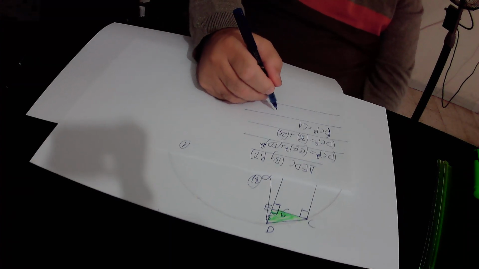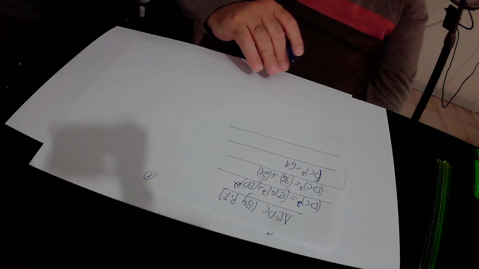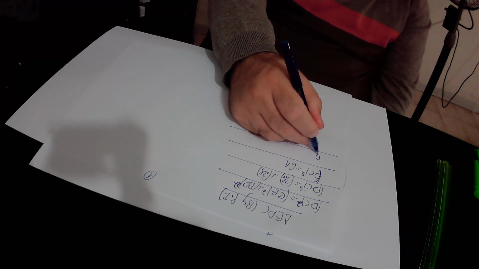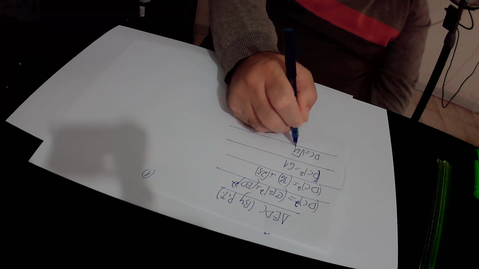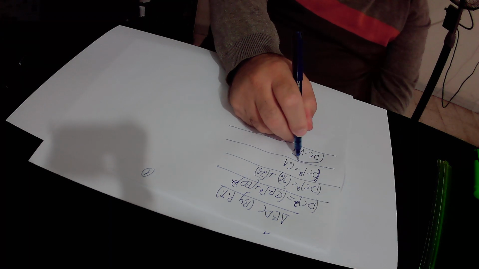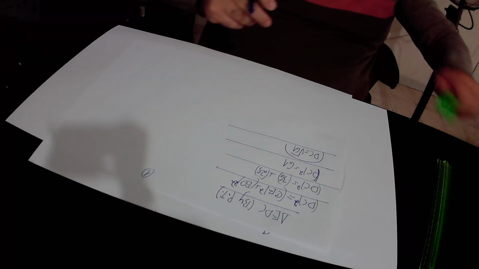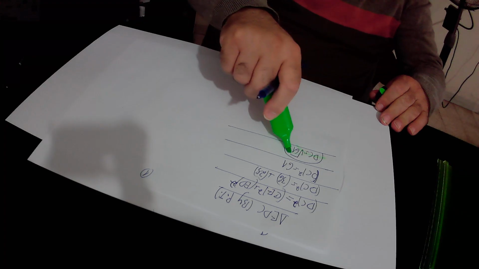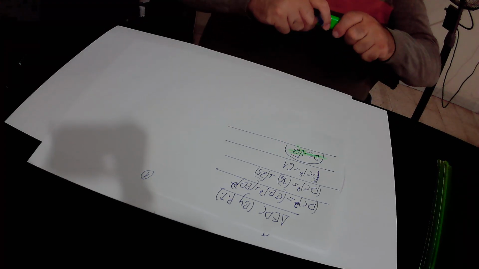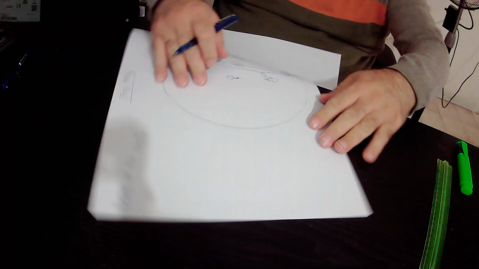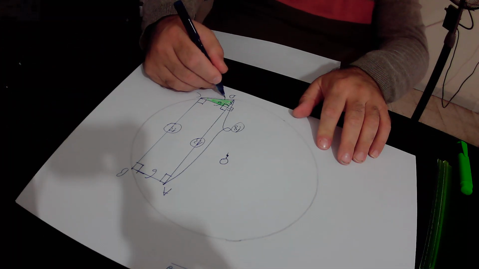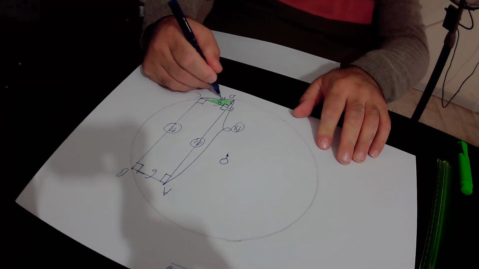We take the square root of this equation and we get that DC equals the square root of 61 units. Here, the hypotenuse DC equals in its length the square root of 61 units.